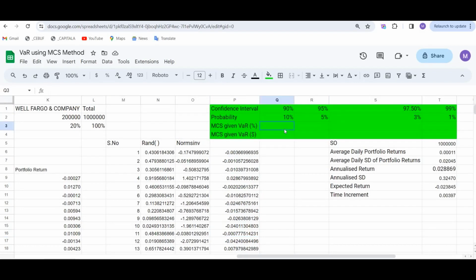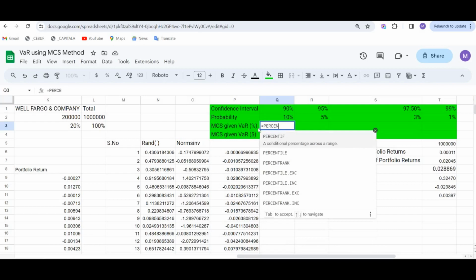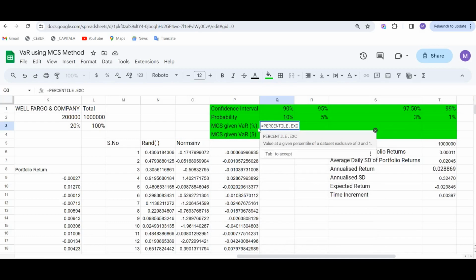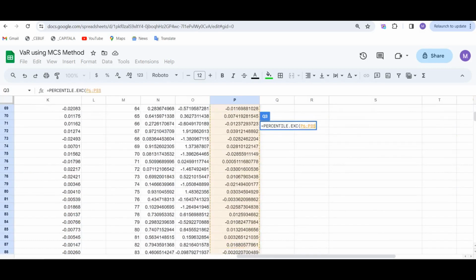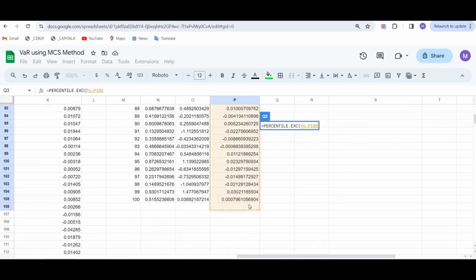Now, in this Monte Carlo simulation percentage, we write this formula, PERCENTILE.EXC, then all these amounts.